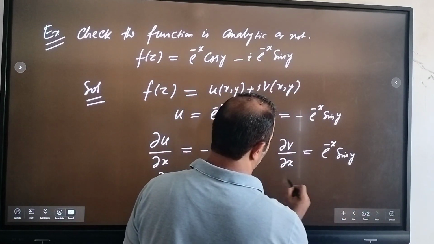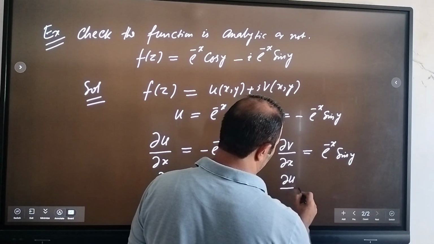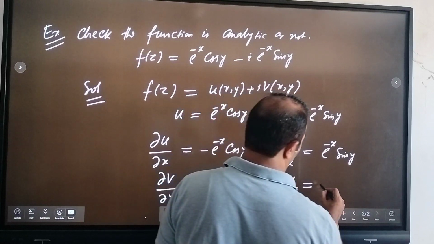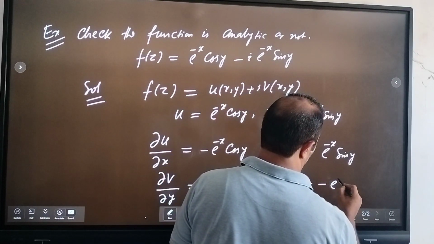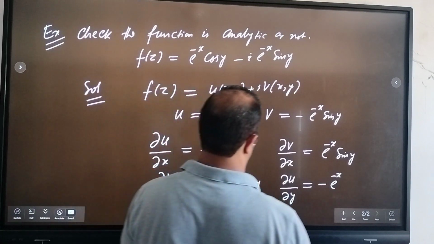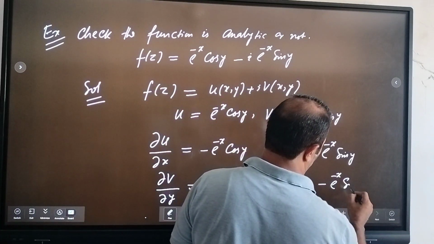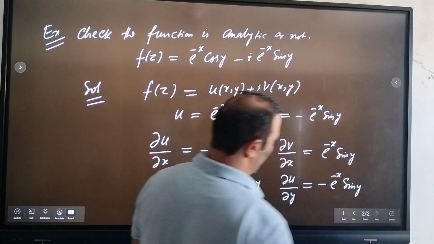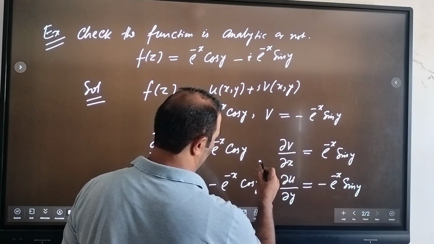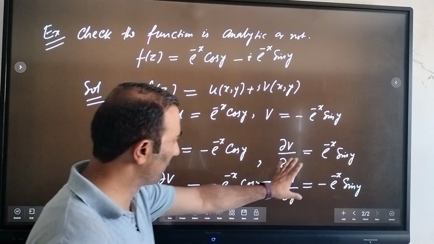And from here, you write partial u by partial y, which will be minus e power minus x. Okay, so this is clear because we have calculated this.